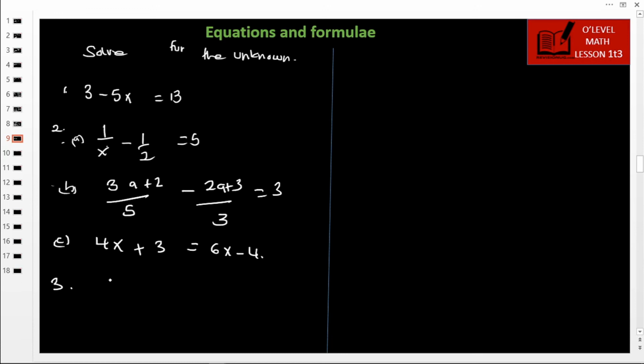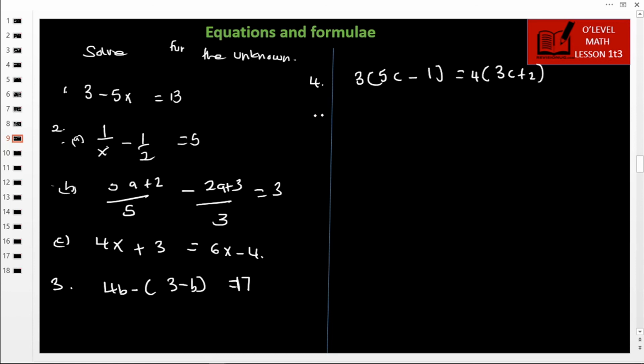Then number 3 here, it is 4b minus (3 - b) is equal to 17. The number 4 here, 3 into (5c - 1) is equal to 4 into (3c + 2). The number 5 here, 2 is equal to 5 into (5y - 2) minus 9 into (3y - 2).